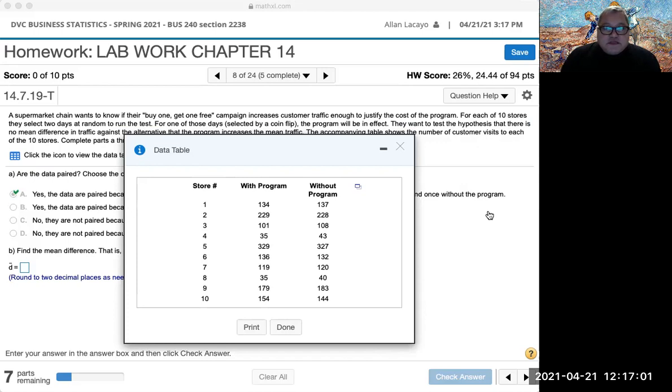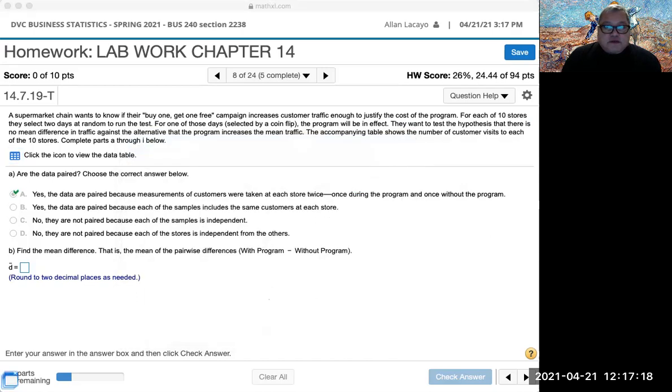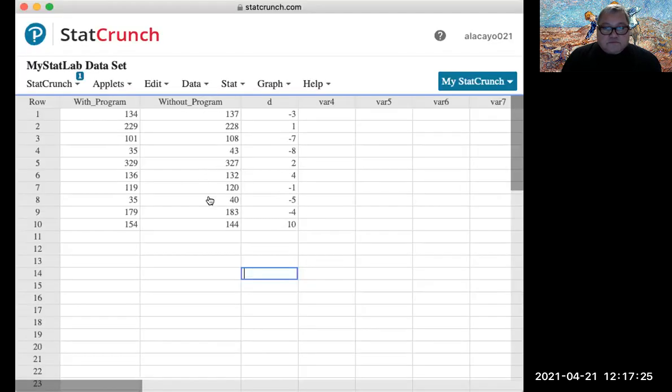As you can see, in some cases without the program, the attendance is higher. In other cases, it's lower. Again, how did I get this D column here?